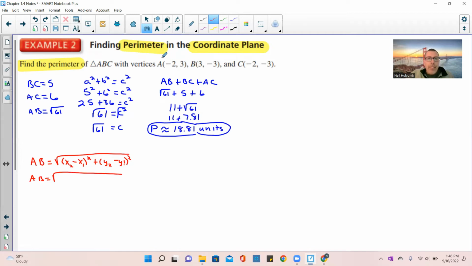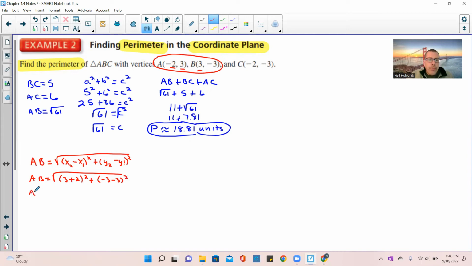So I'm doing AB right now, so that's these. So x sub 2 is 3. X sub 1 is negative 2, minus a negative is plus, be careful with that. Y sub 2 is negative 3. Y sub 1 is 3.